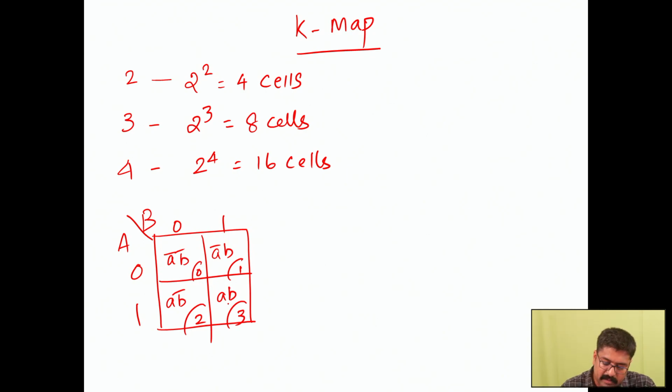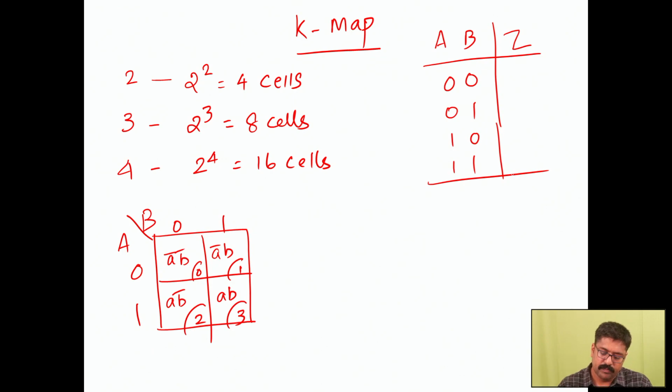Okay, let us see how we should use this 2 variable K-map. Before that, we will take one truth table and get the K-map.